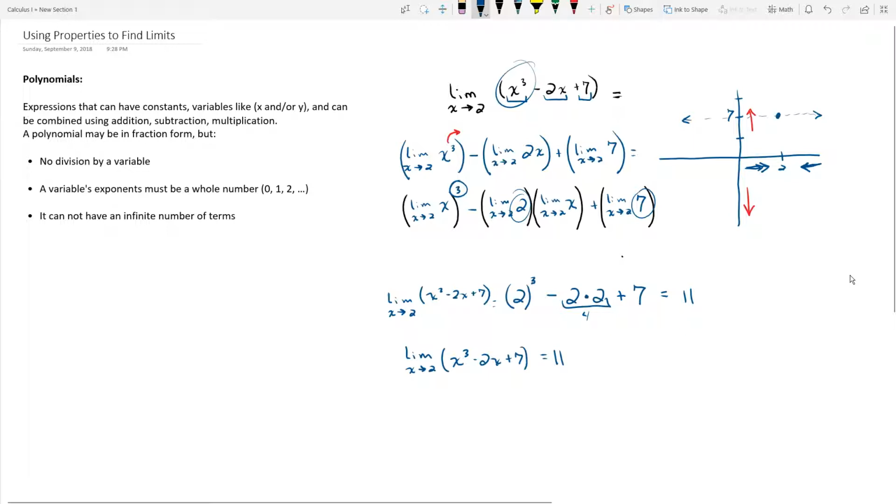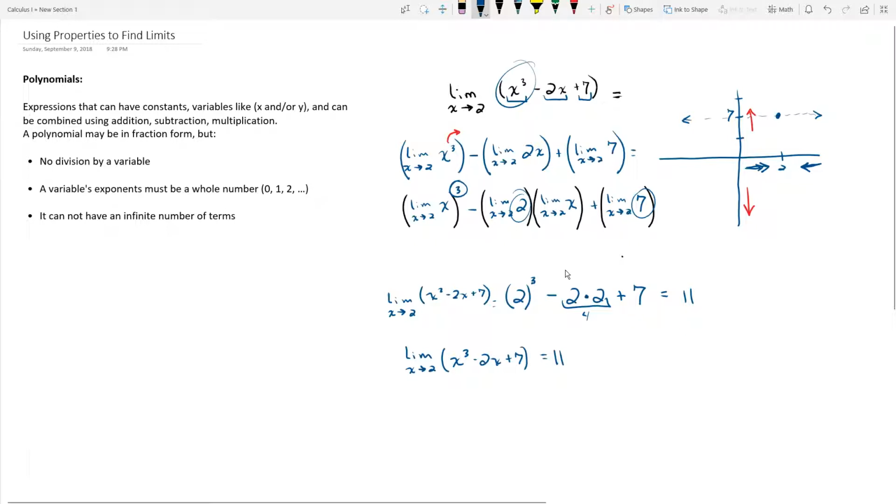Now, we didn't have any restrictions in this because it is a polynomial, and I wrote the definition here from, let's see here, what is my source for this? So for I Love Math, their definition is that a polynomial is expressions that can have constants or variables like x and or y.